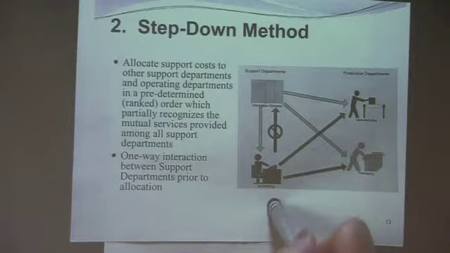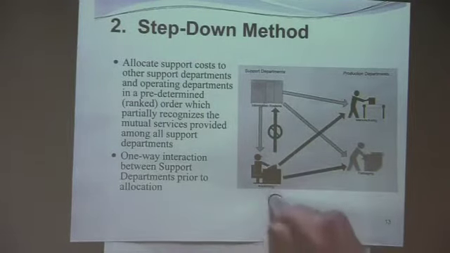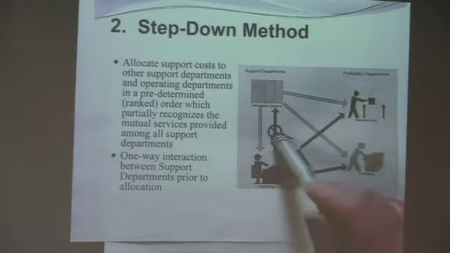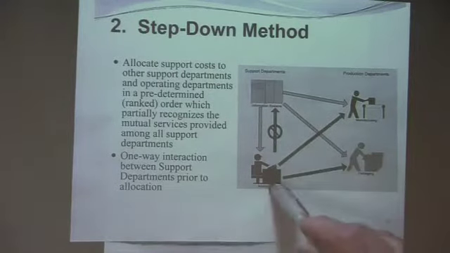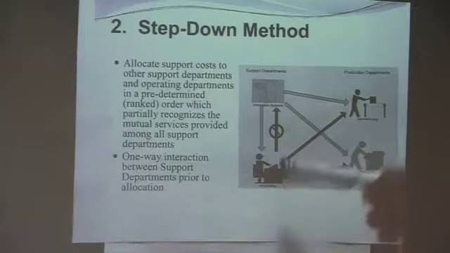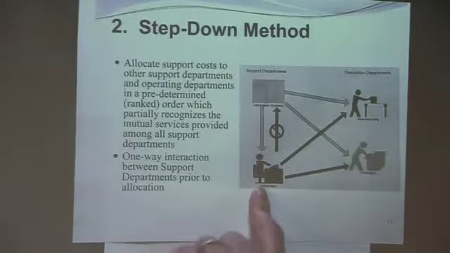So in this example, you'll see there is a one-way allocation between the two support departments: the IT supports the accounting, and although the accounting supports the IT, we're going to ignore that allocation. So it's called a step down. We predetermine the order in which a support department is allocated to another support department. In this case, we rank that the IT department will allocate directly to the accounting department.